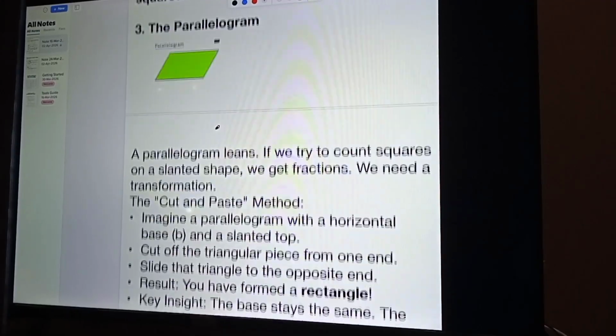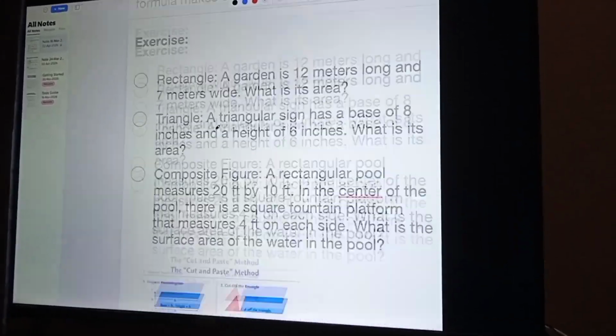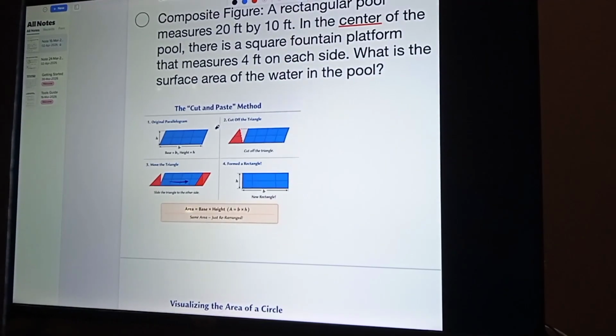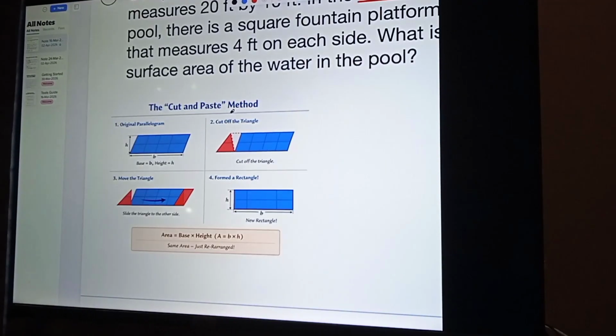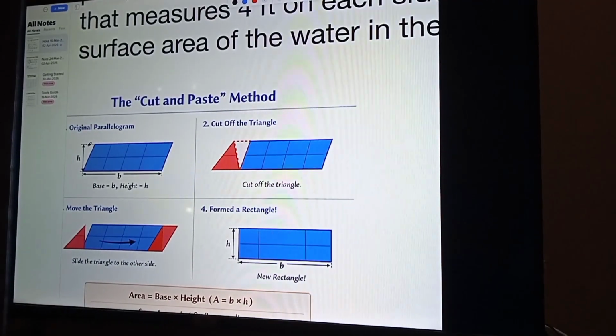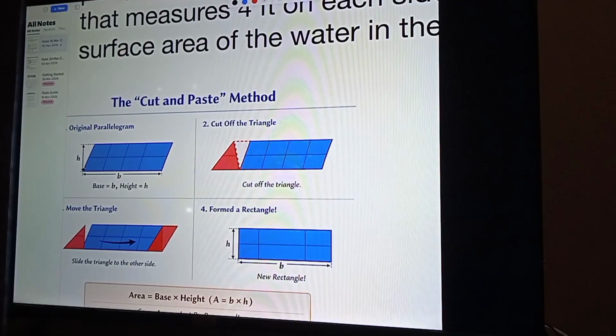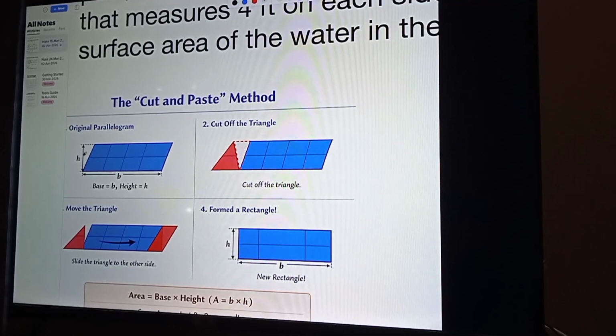First, here I've made a shape for you. First, you extend this line of the parallelogram, then connect it with the bottom line, the base.